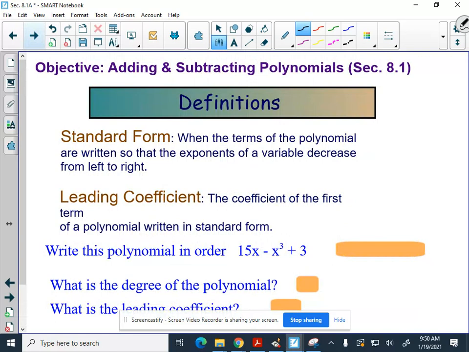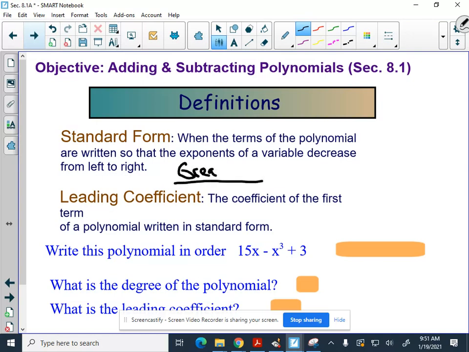So next, standard form. Standard form is when the terms of the polynomial are written so that the exponents decrease from left to right.